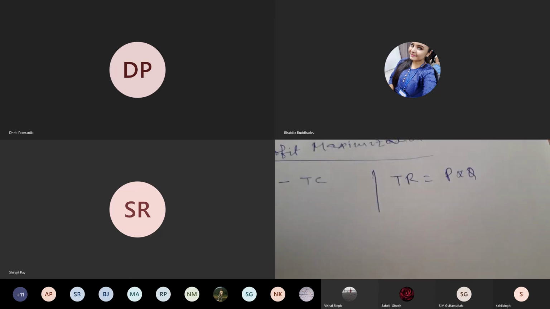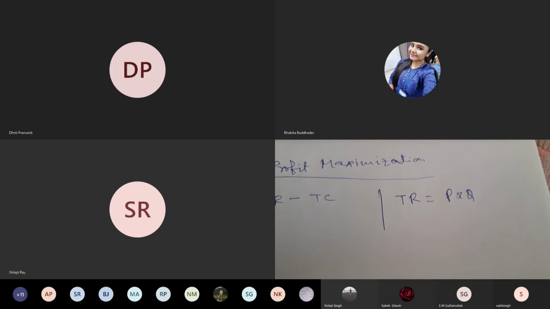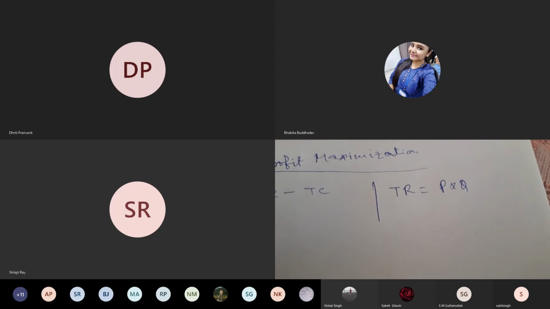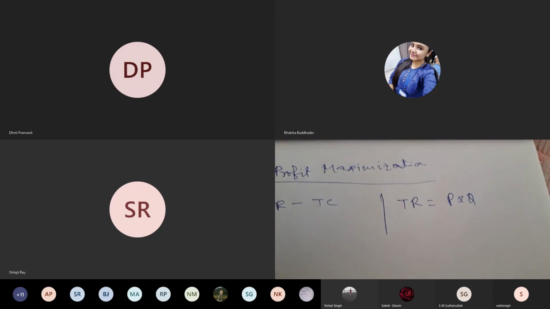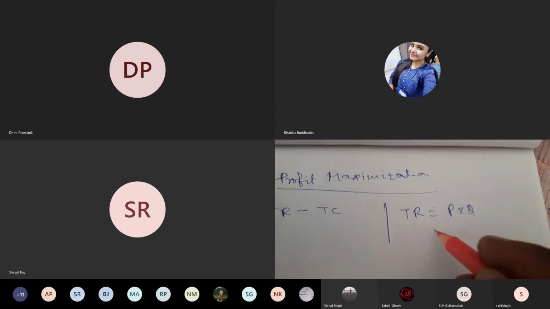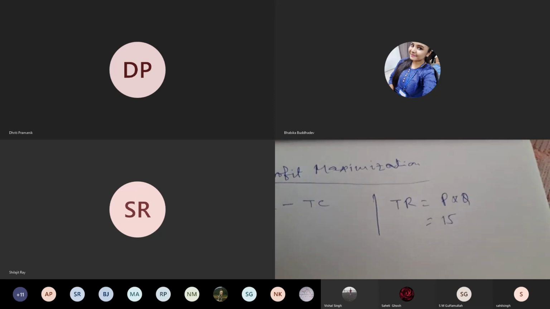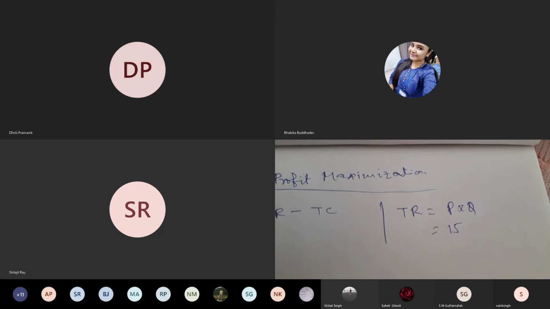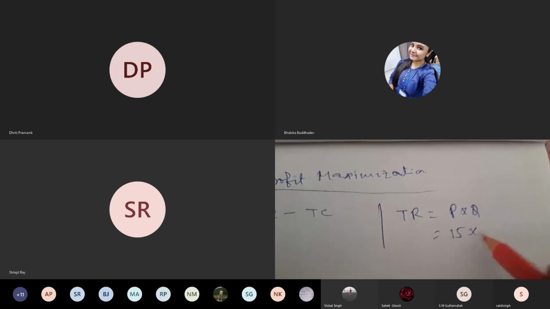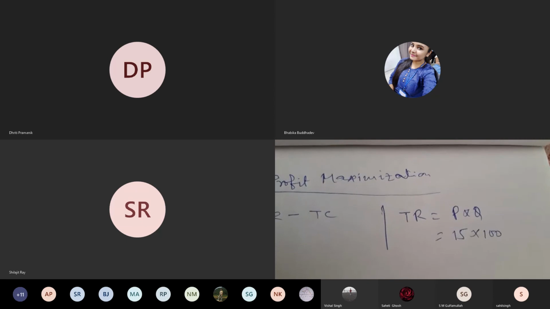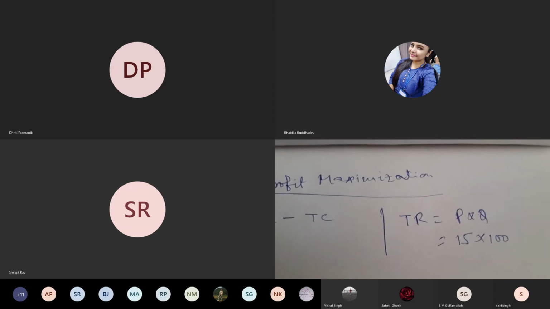Say for example, you are a manufacturer, or a manager in a firm where lipstick is produced, and per unit, means per piece of lipstick of say 10 grams or 15 grams, the price is 15 rupees per unit. And 100 units of lipsticks are produced in that manufacturing company.